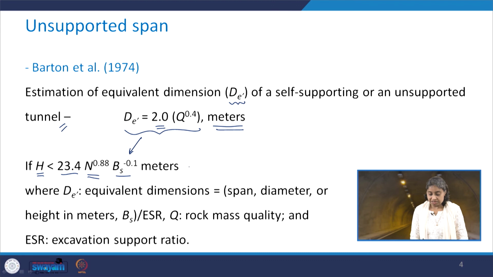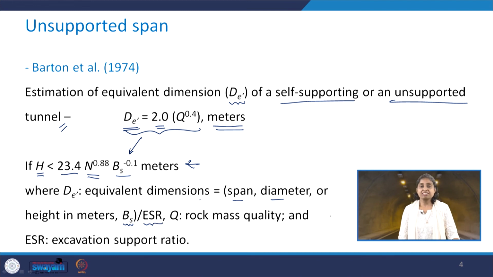Take a note, this expression we learnt earlier as well, and it is applicable to the self-supporting or the unsupported excavation case, where dE prime is the equivalent dimension that is equal to either span or diameter or height in meter, let us say represented by BS, divided by the excavation support ratio ESR.